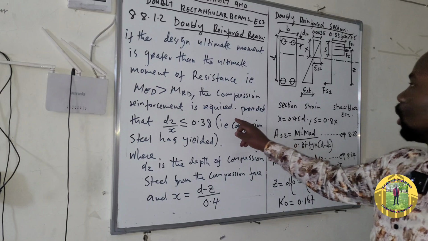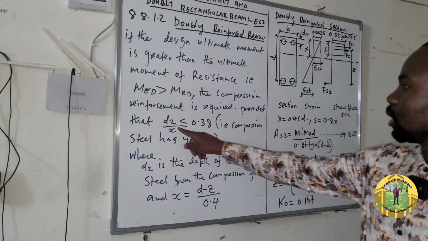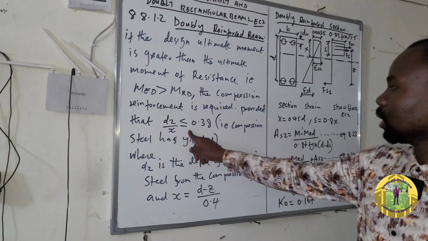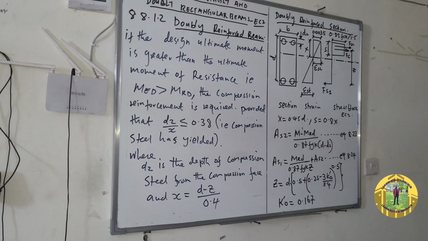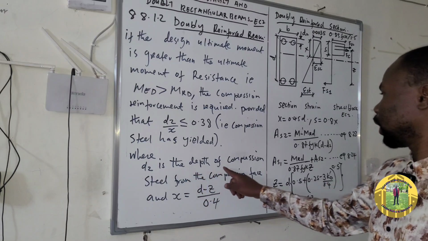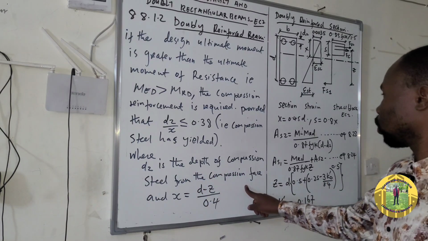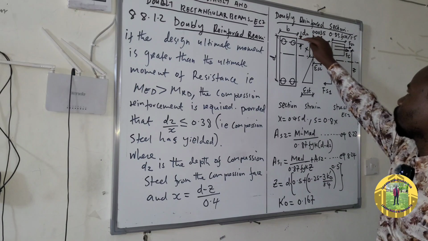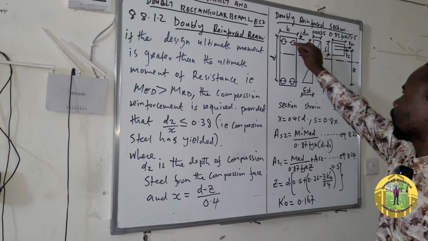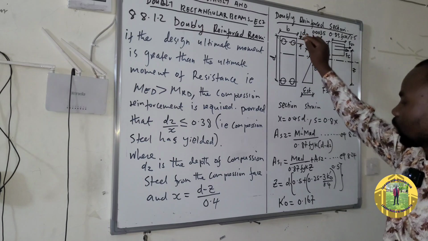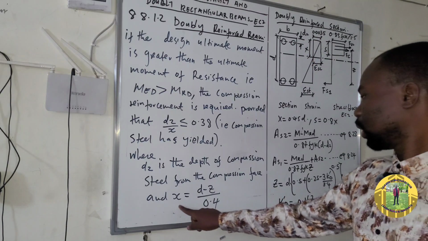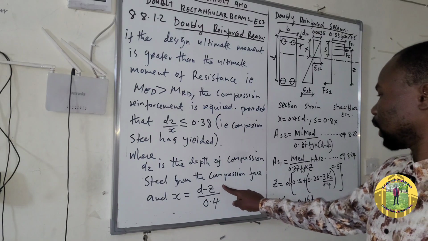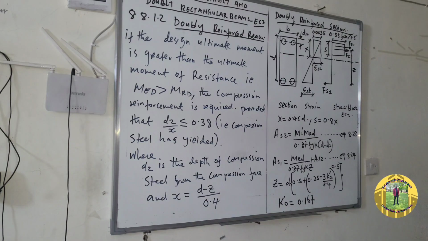The compression reinforcement is required provided that d2 over x is less than or equal to 0.38, i.e. compression steel has yielded, whereby d2 is the depth of compression steel from the compression face, the distance from the compression face to the center of the compression reinforcement, and x is equal to d minus z over 0.4.